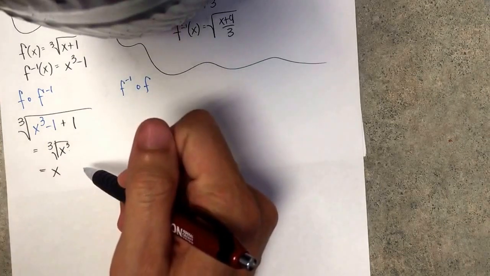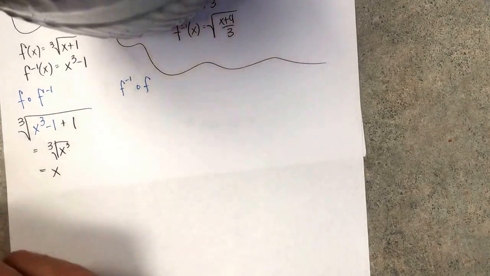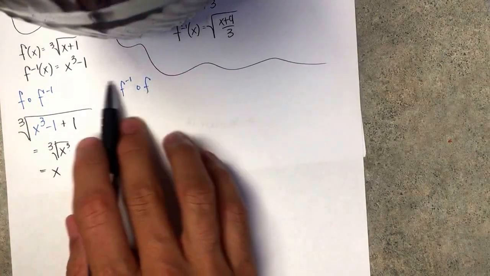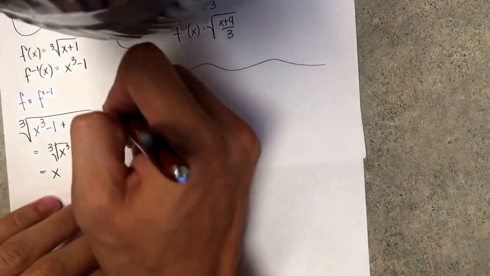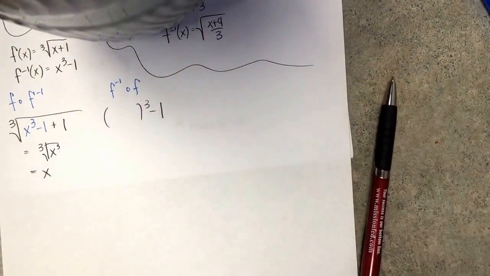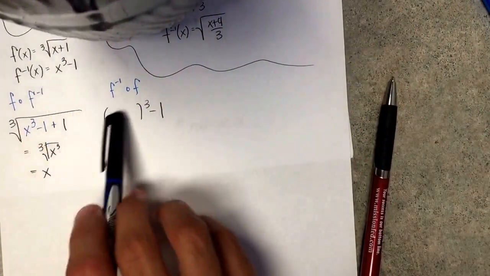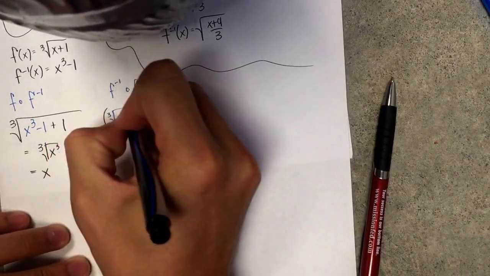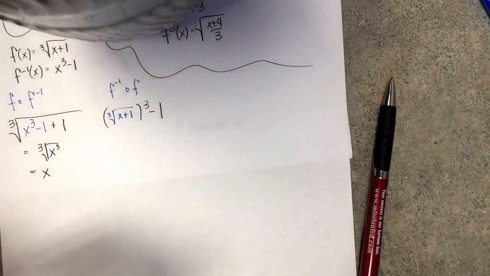So it worked one way. Now I have to go back and do it the other way also. So f inverse of f. I'm going to take the x out of f inverse. Everything else remains. And I'm going to plug f into that space. So the cube root of x plus 1 goes in that space.